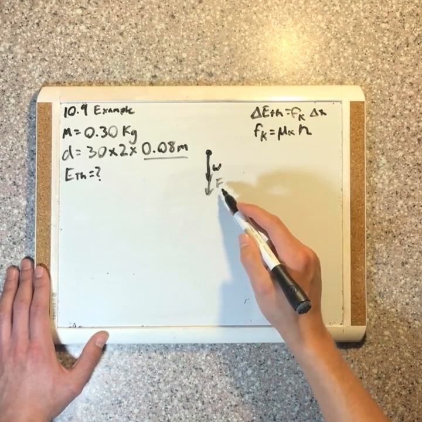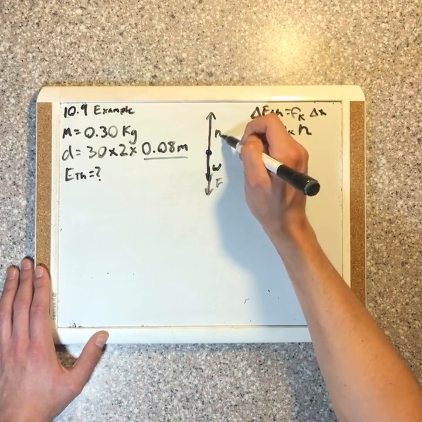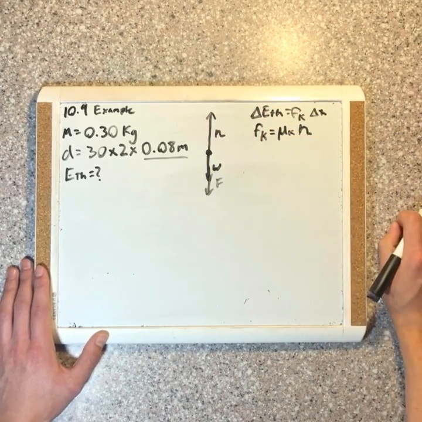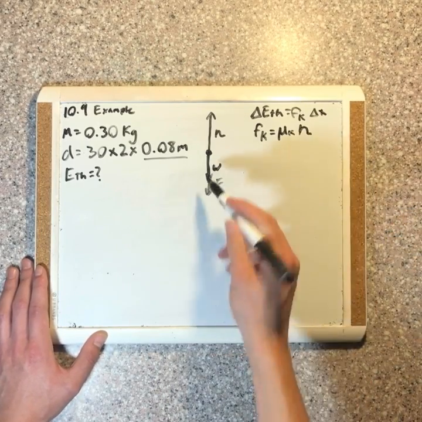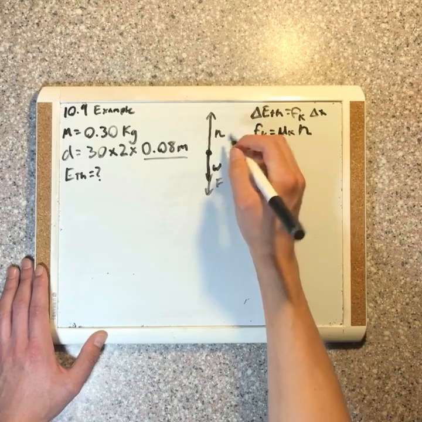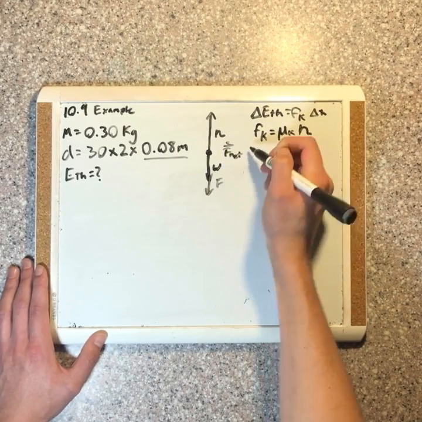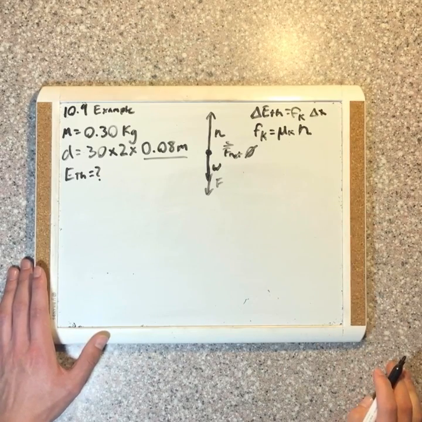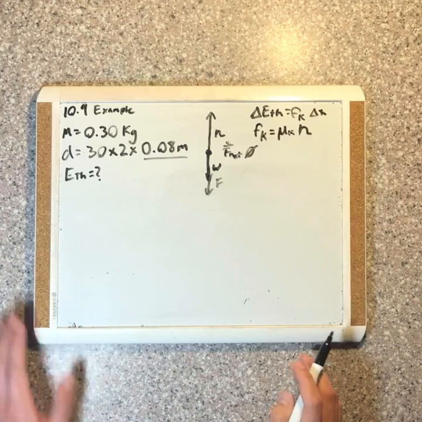In addition to that, we also have the normal force that is counteracting both of these forces because the block's not going through the table. The table supports it even with the added force and the weight. So we know that the net force is 0.